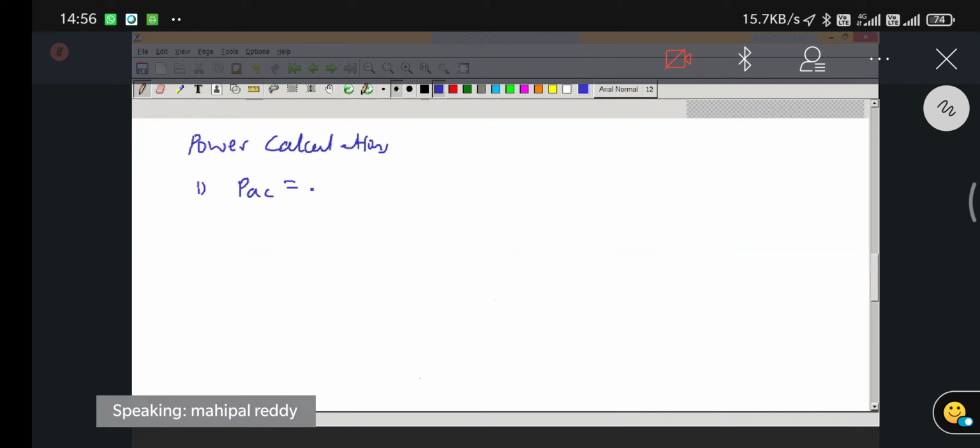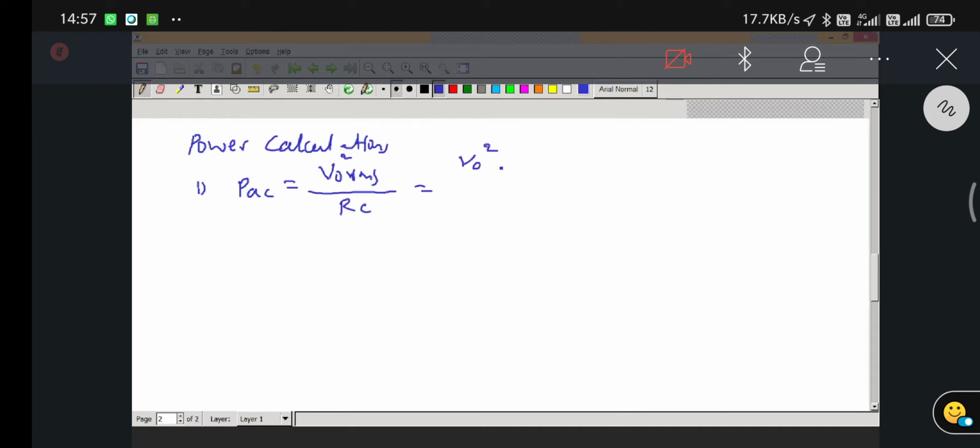We take RMS values, so while finding the AC power we have to take the RMS value. So PAC will be VO RMS square by RC, where RC is the load resistance RL.